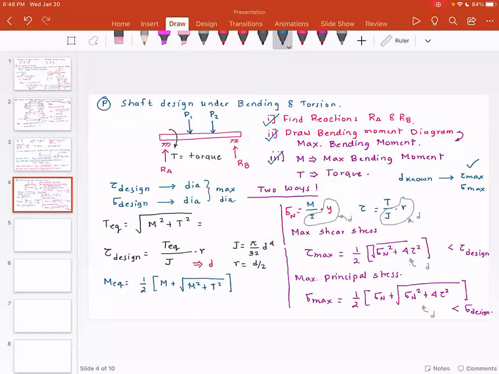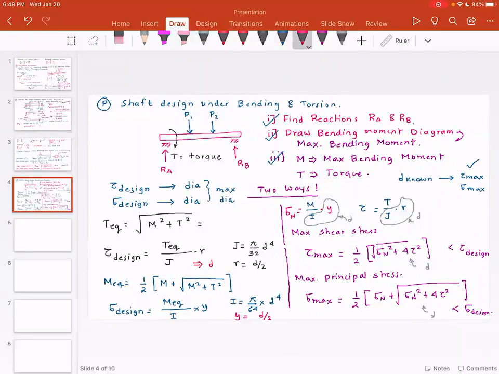And then I say sigma design is equal to M_EQ divided by I multiplied by Y, where I is equal to pi by 64 times d to the power 4 and Y is equal to d by 2.